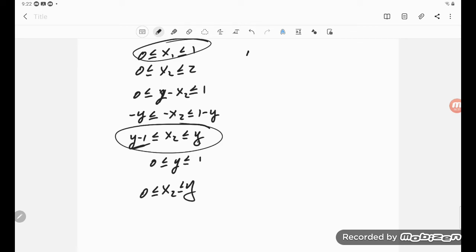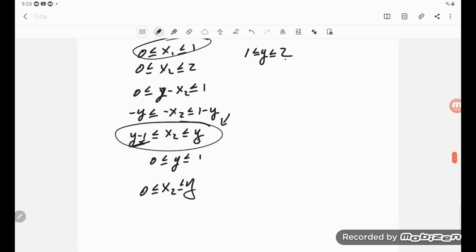Now, if we look at 1 less than or equal to y less than or equal to 2, again, looking down here, what we see is that if y is as big as 2, x2 could be a 1 then, because if this starts at 0 but could go up as big as 2 minus 1, which is 1.